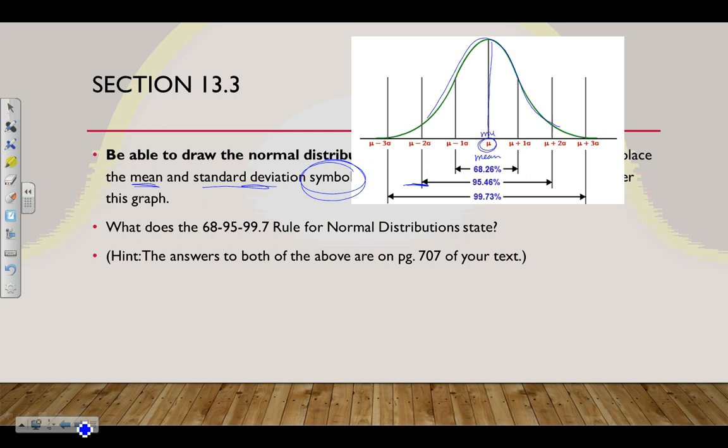Then, once you've calculated your standard deviations, you go up 1 standard deviation, which is mu plus 1 sigma. Sigma, remember, stands for standard deviation for an entire data set. So mu plus 2 sigma and then mu plus 3 sigma needs to go underneath 2 standard deviations and 3 standard deviations above the mean. Mu minus 1 sigma, mu minus 2 sigma, and mu minus 3 sigma are also to be placed underneath 1, 2, and 3 standard deviations below the mean.